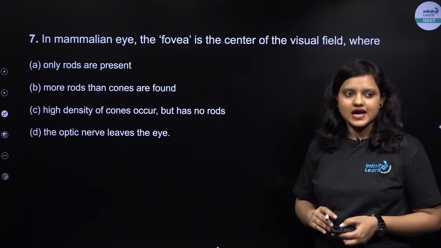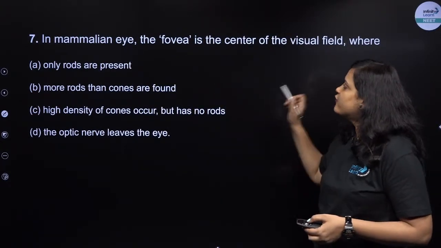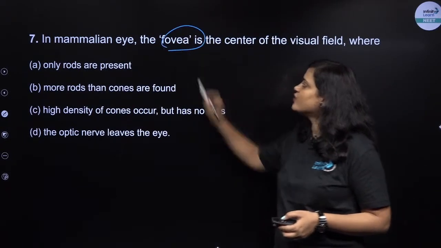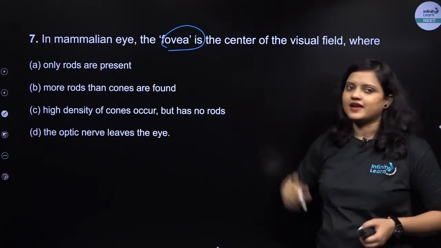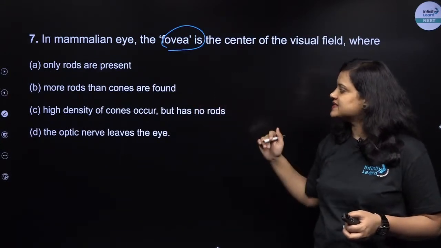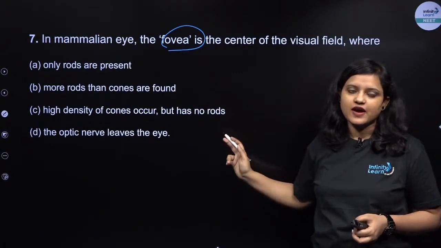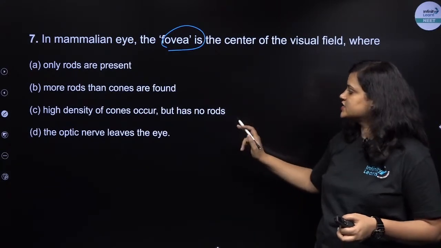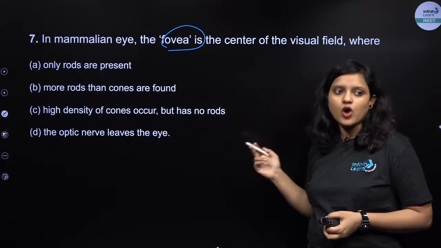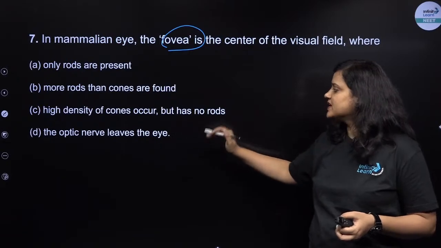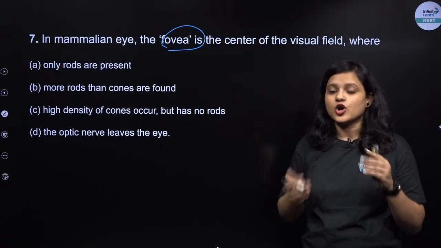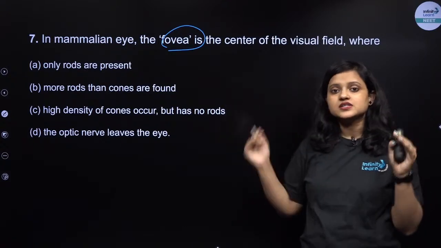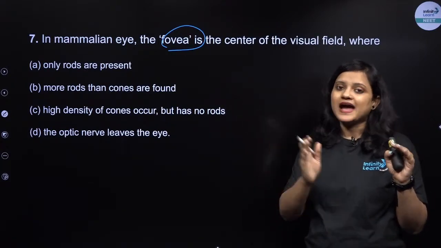In mammalian eye, the fovea centralis is the center of the visual field where only rods are present, more rods than cones are found, high density of cones occur but has no rods, and the optic nerve leaves the eye. See, the place from which the optic nerve leaves the eye is known as the blind spot.